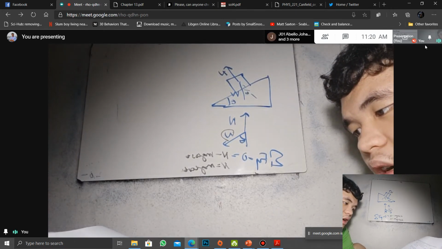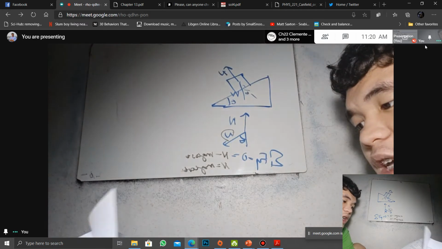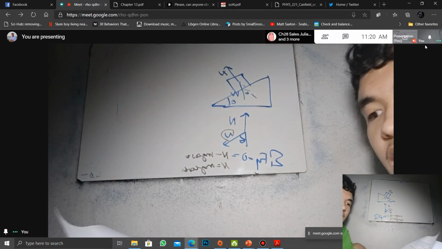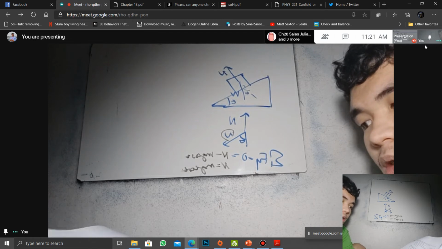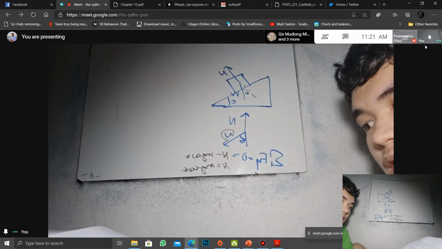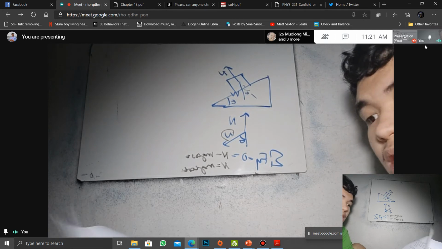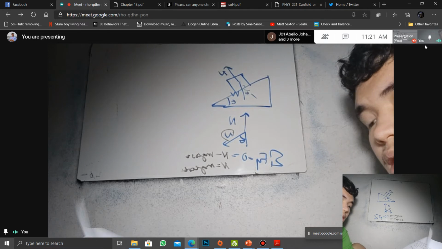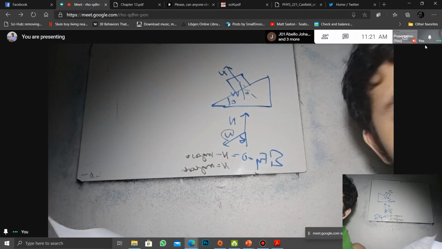Next. Suppose an object is accelerated by a force of 100 newtons. Suddenly, a second force of 100 newtons in the opposite direction is exerted on the object so that the forces cancel. Sinabi na, equal and opposite. No? Ibig sabihin nun, net force is 0.